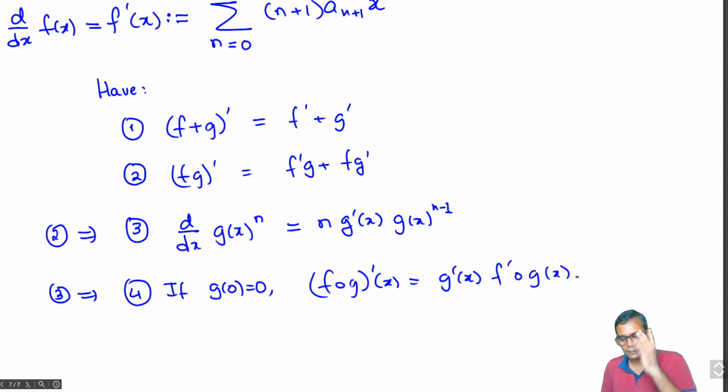The usual chain rule that we have for derivatives, and it just follows by applying 3 to the definition of f circle g and differentiating. So now let's go back to our logs.